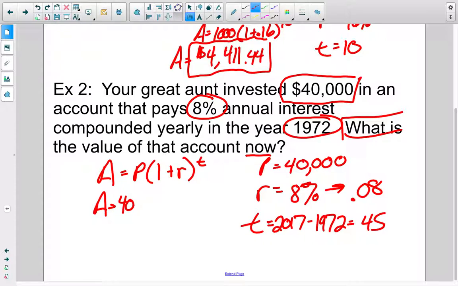We had $40,000 times 1 plus our rate, 0.08, to the 45. How much do you think that's going to be worth? $40,000, 8% interest, which is still pretty good, for 45 years. Your great aunt is a millionaire.